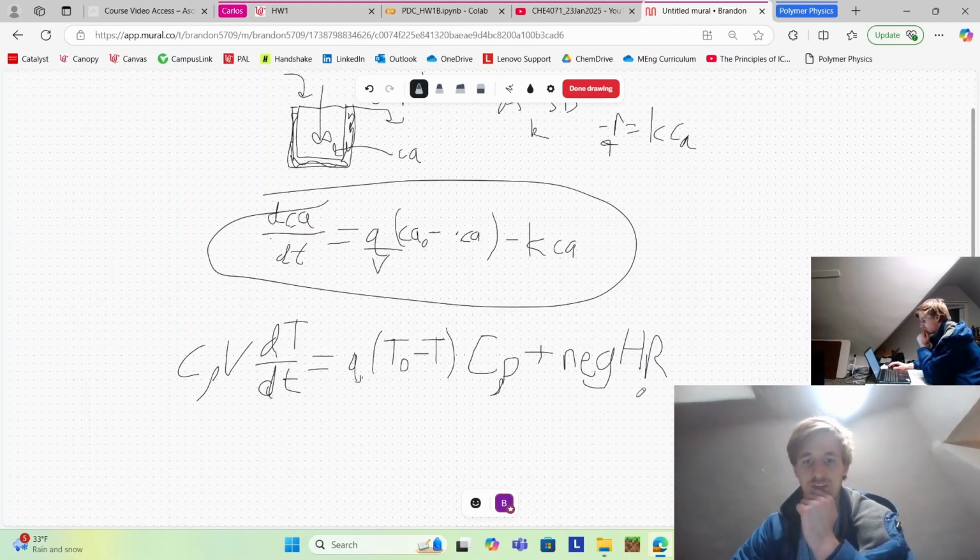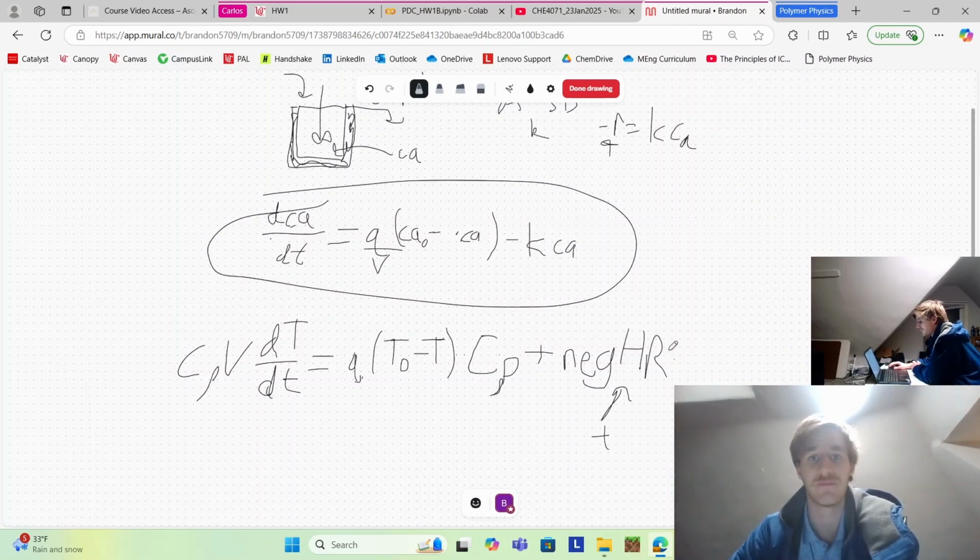So this negative heat of reaction is actually a positive value. Now we need our reaction rate, and that is going to be our kCA, and it is on a per volume basis because this rate is on a per volume basis.